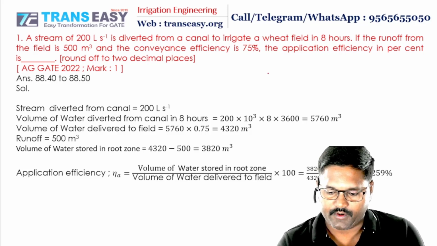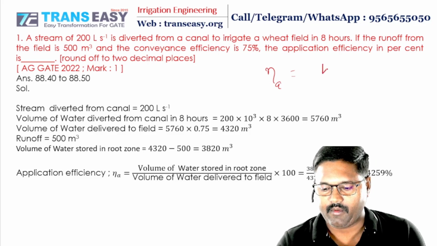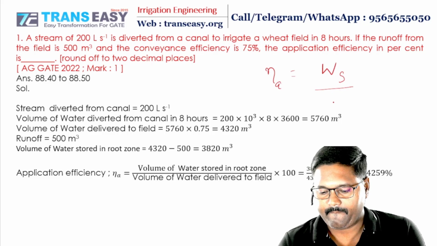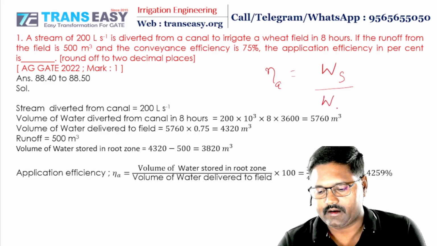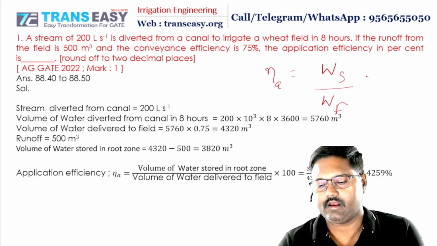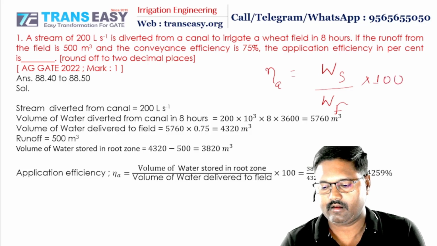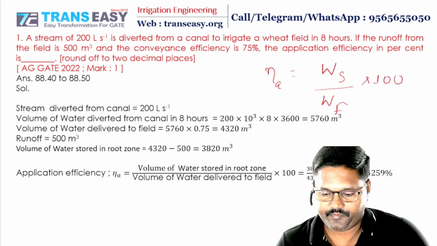right? We know application efficiency is amount of water stored in root zone upon amount of water delivered to the field into 100, right?